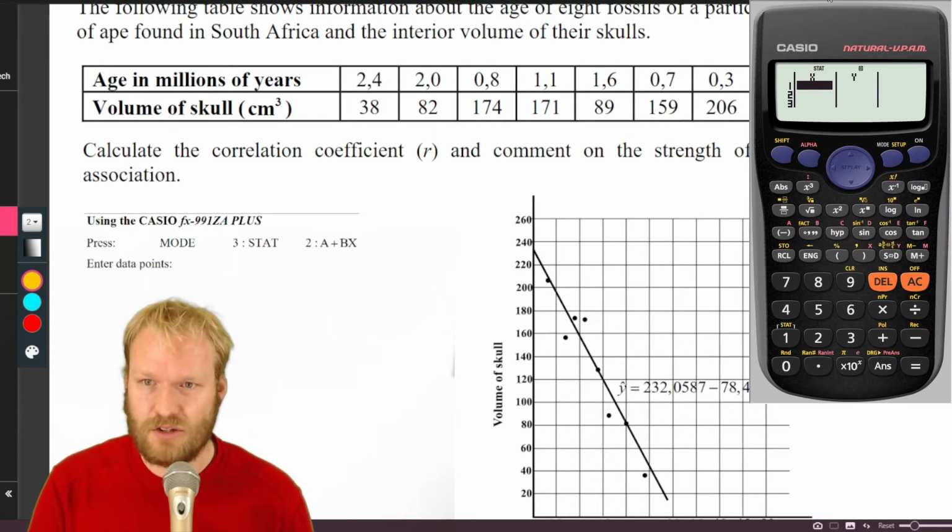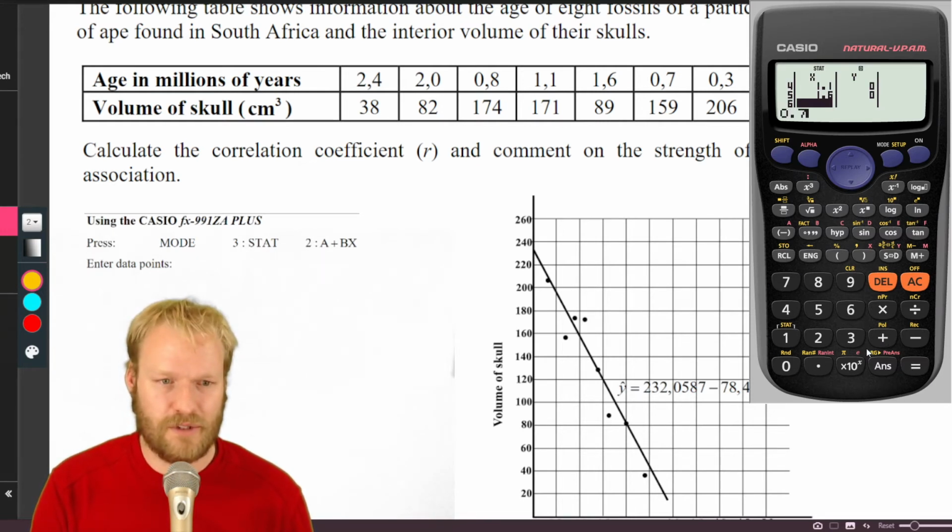We've got 2,4 as our first one, and then 2, 0,8, 1, 1. This is what you did in the first exercise. 1,6, 0,7, 0,3, and 1,4 is our last one.